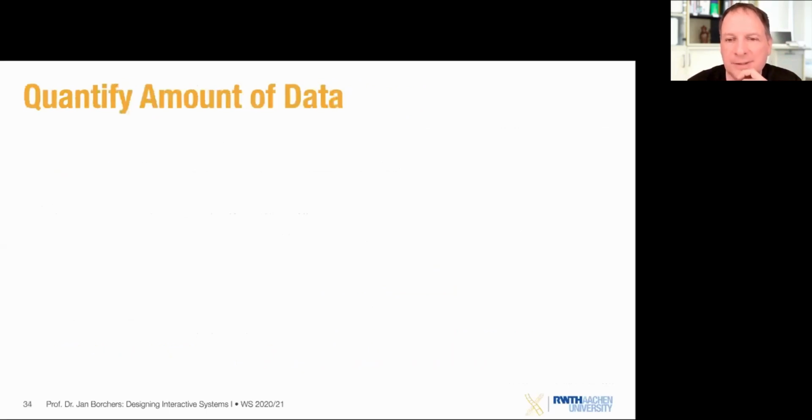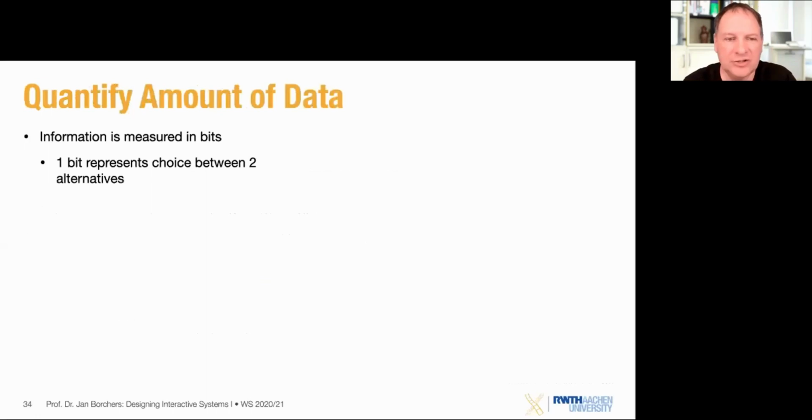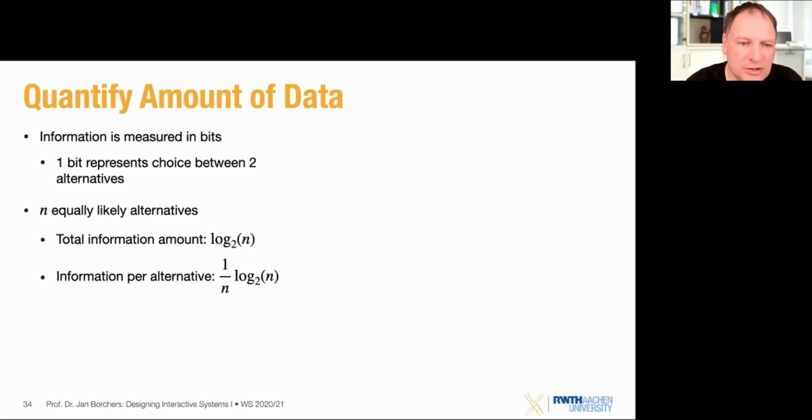So let's quantify some basic input techniques. If we measure information in bits, and a bit represents a choice between 2 alternatives, then it's pretty clear that if both choices are equally likely, then according to Shannon, with 2 equally likely alternatives, we're providing 1 bit of information, or log to the base 2 of 2.